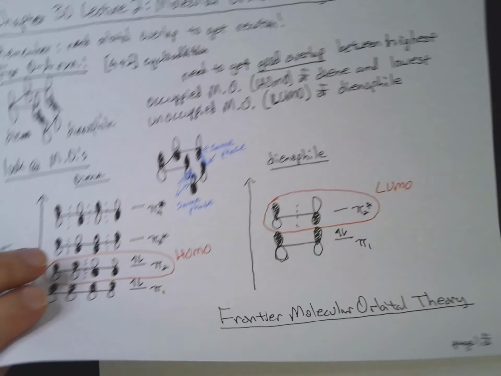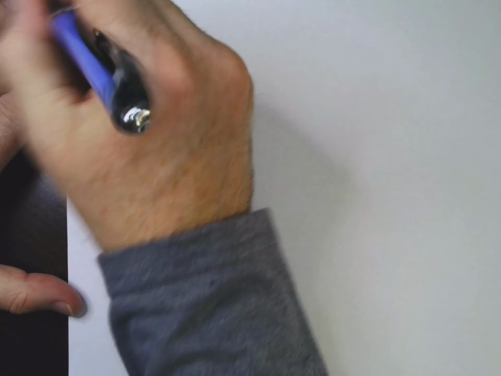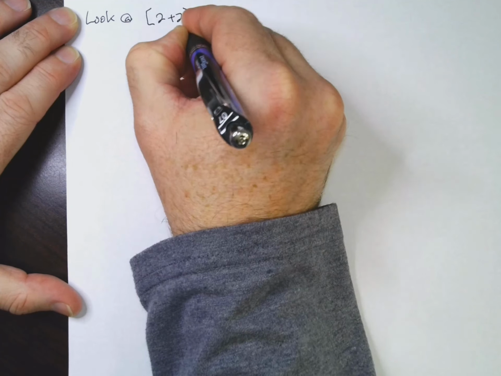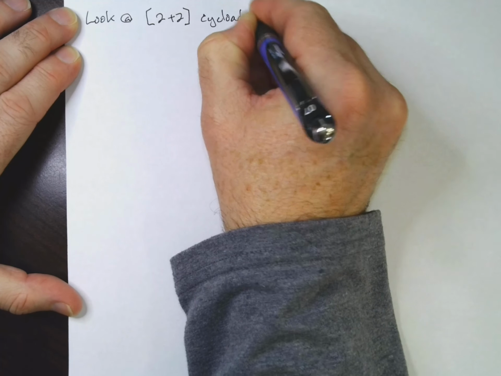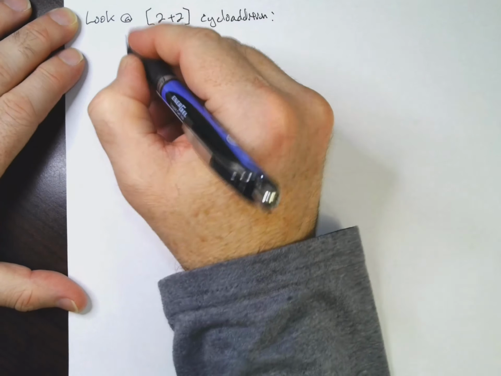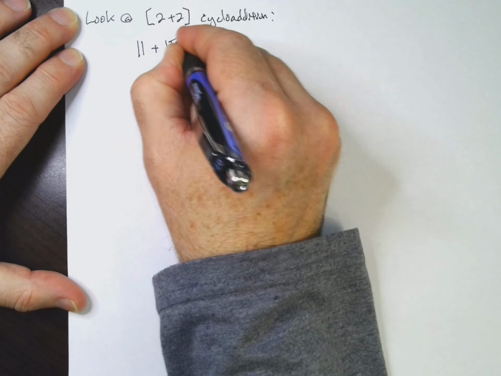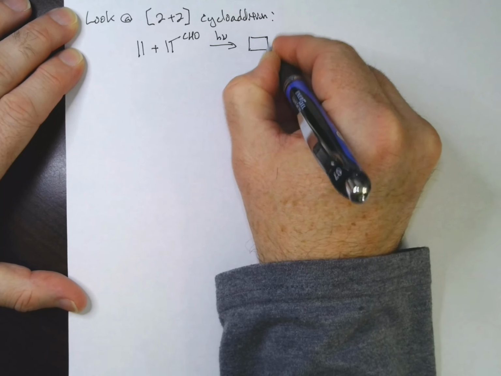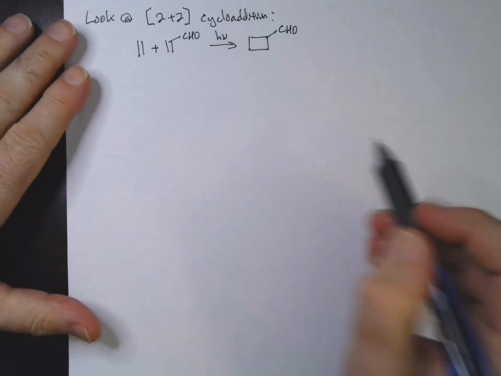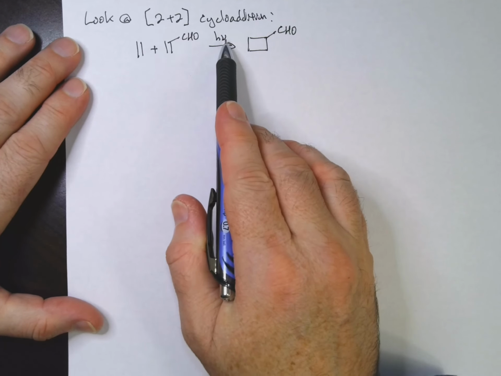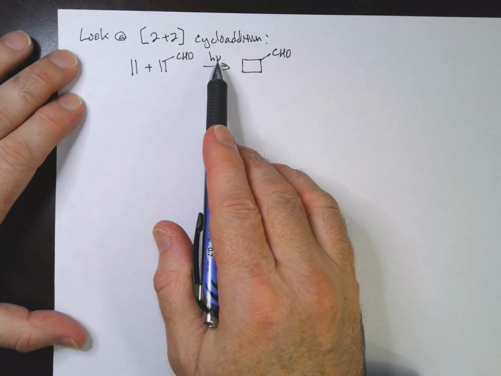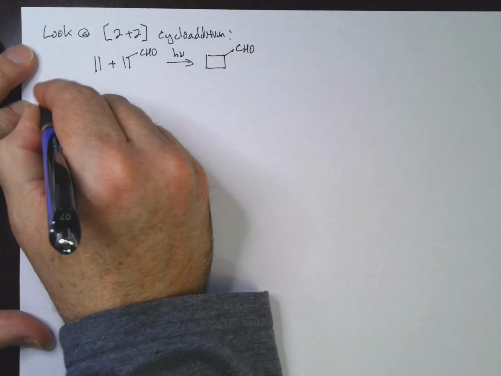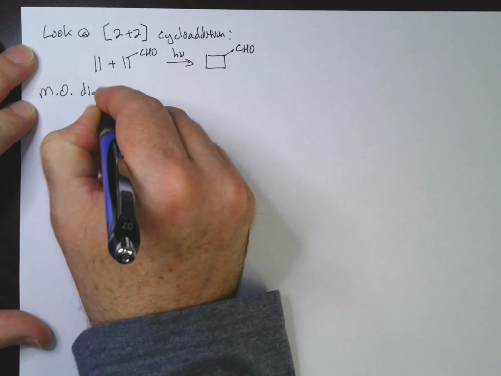Now, we can look at a 2+2 cycloaddition. And remember what I said before in lecture 1 is that this reaction is photochemically allowed but thermally forbidden. So let's see why that might be. So we'll look at our MO diagrams here.